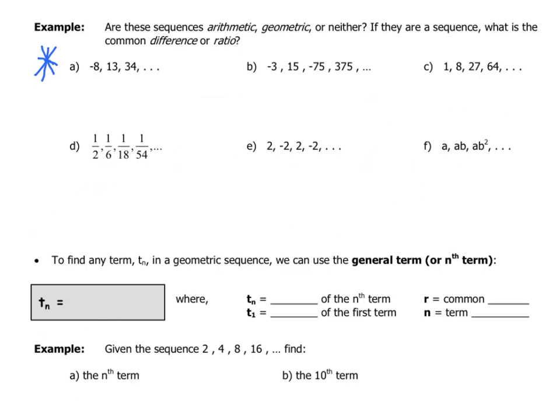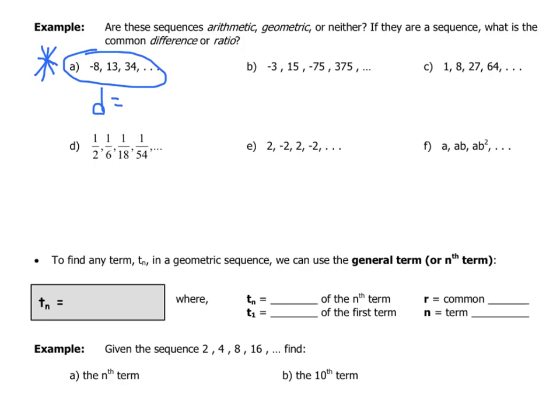Okay, hopefully you've had a chance to guess now. So I've shifted up to look at these 6. Here we go. The ones that are arithmetic will grow by the same amount. Question A is arithmetic. Okay, it is actually going up by a common difference.